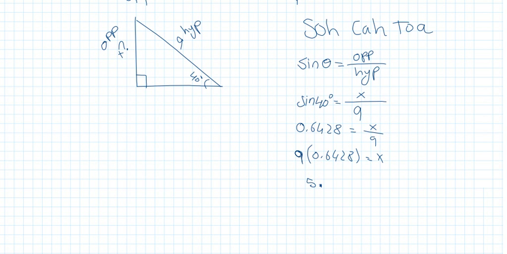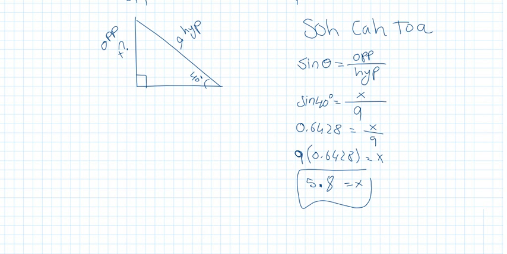So what did we do? We labeled the triangle first with the opposite, adjacent, and the hypotenuse. And then we decided which one is missing and which one I have. Then I decided which ratio to use. Because I'm looking at O and H, I know I'm going to use sine.